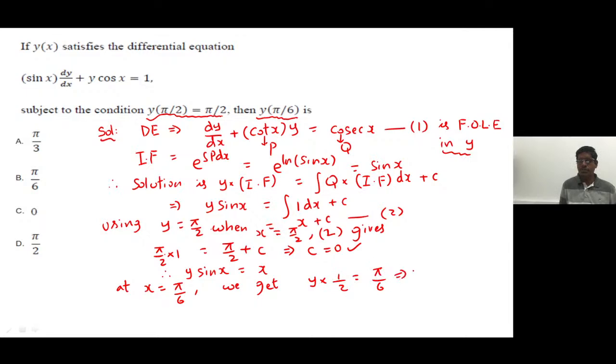So this becomes y is equal to pi by 3, is the value of y of pi by 6. So accordingly, option A is the answer.